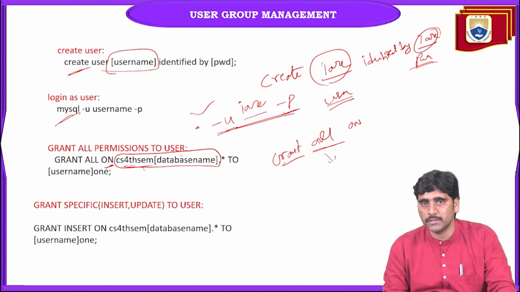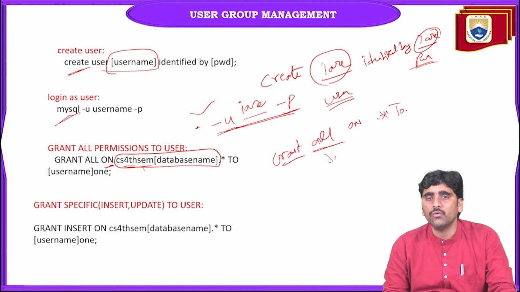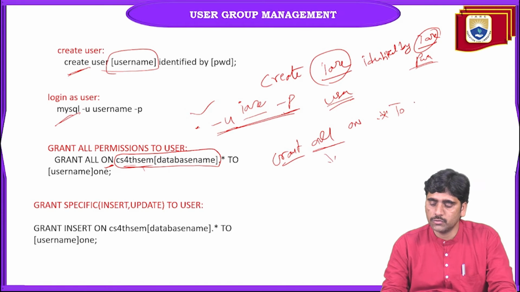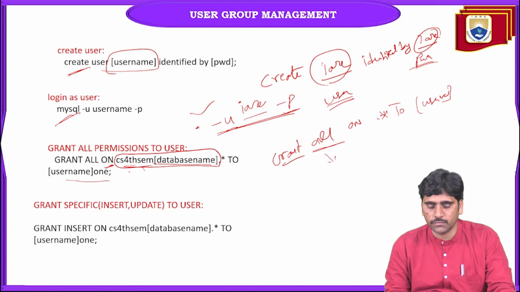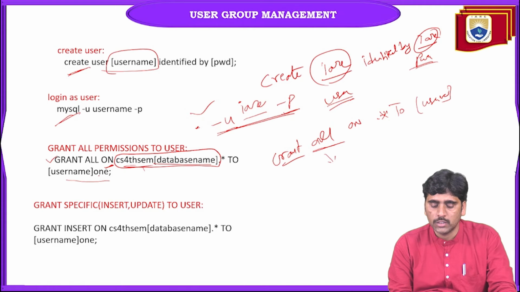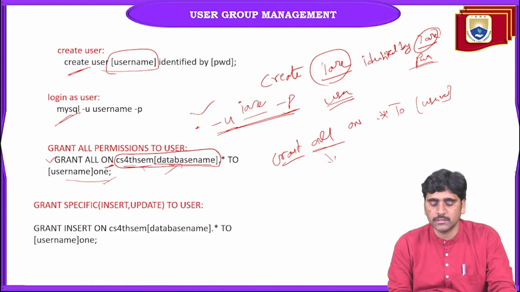You have to specify the database name, dot star, to the username of the user who should get the permissions. GRANT is the command that grants all the permissions on this database to the user.